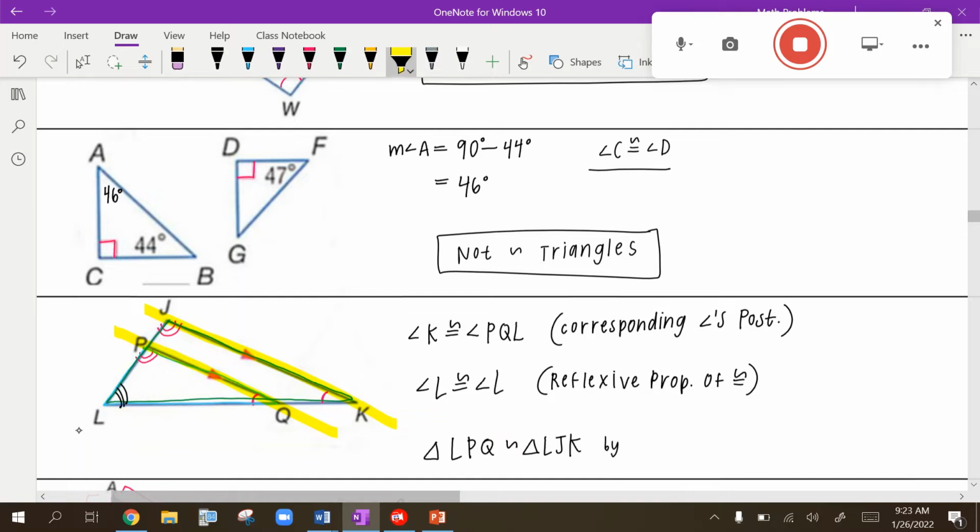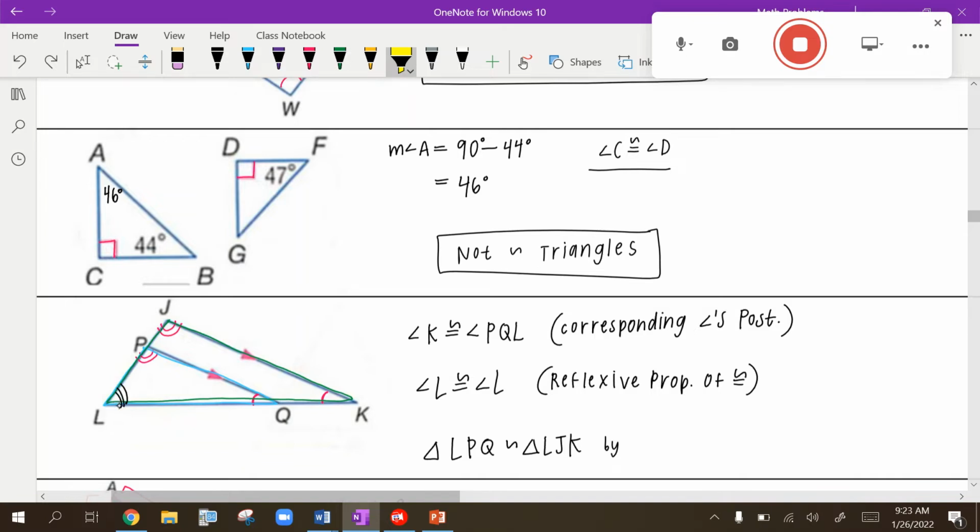Now let's look at the other transversal. I could do the same thing. Angle J is congruent to angle QPL. Now, I wanted to show you another option though. You could also say that angle L is congruent to itself since these two triangles are overlapping.